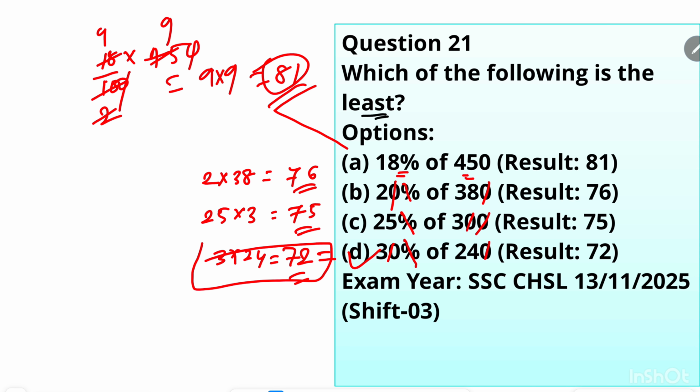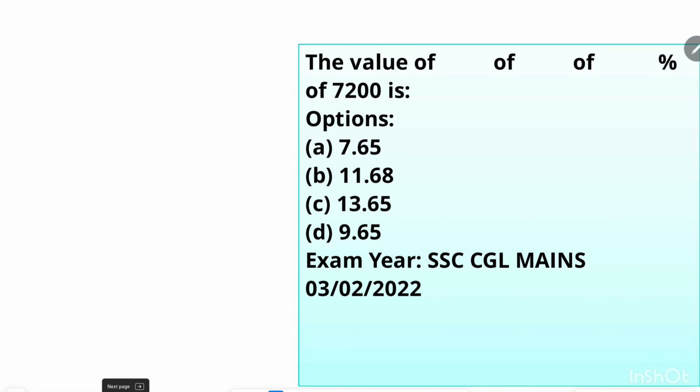Now next, this is incomplete. There was some typing issue, right? So I will write it: 17.5%, 3 and 1/4%, 33 and 1/3%, right?